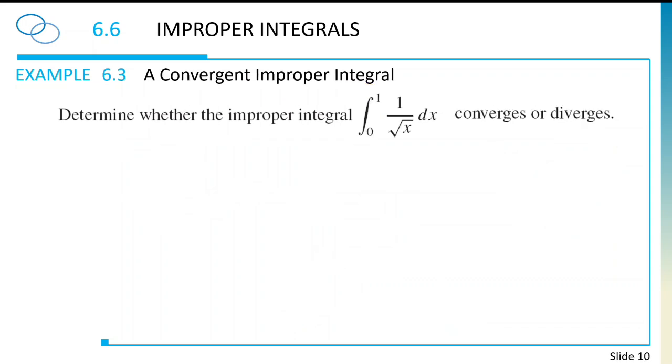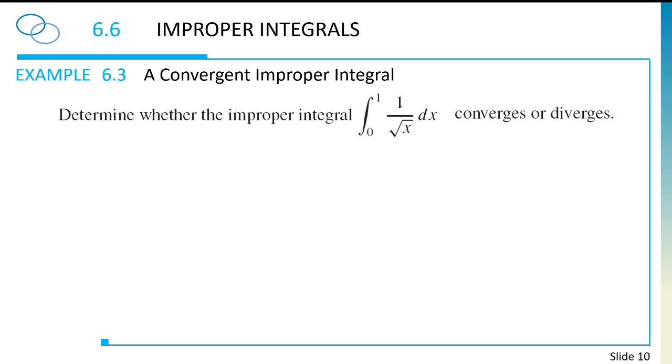I have this question here. Now we have the integration from 0 to 1 for 1 over square root of x dx. Again, I need just to think about the function.